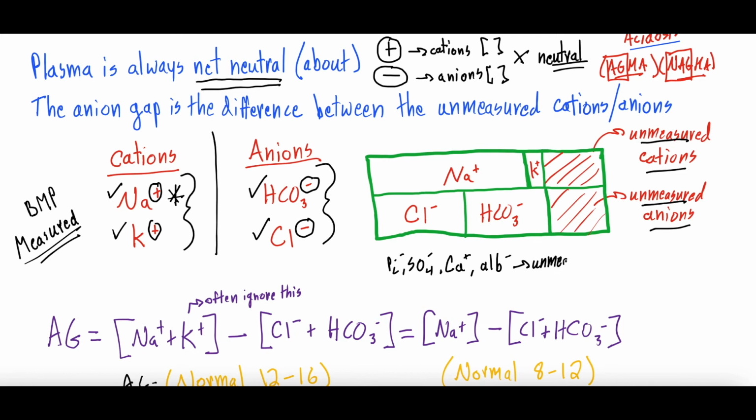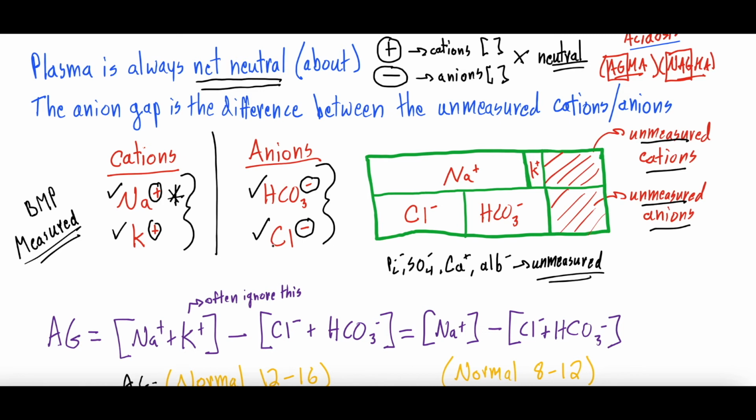You can measure them in fancy science experiments, but we don't traditionally measure them daily in the hospital, with some exceptions: calcium, phosphate, and sometimes albumin. Nonetheless, the anion gap is just a calculation. The lab isn't doing some fancy thing looking at all these unmeasured ones. The lab is literally taking the sodium and potassium and then subtracting the bicarbonate and chloride. We'll get into this a little more, because they don't always look at the potassium.